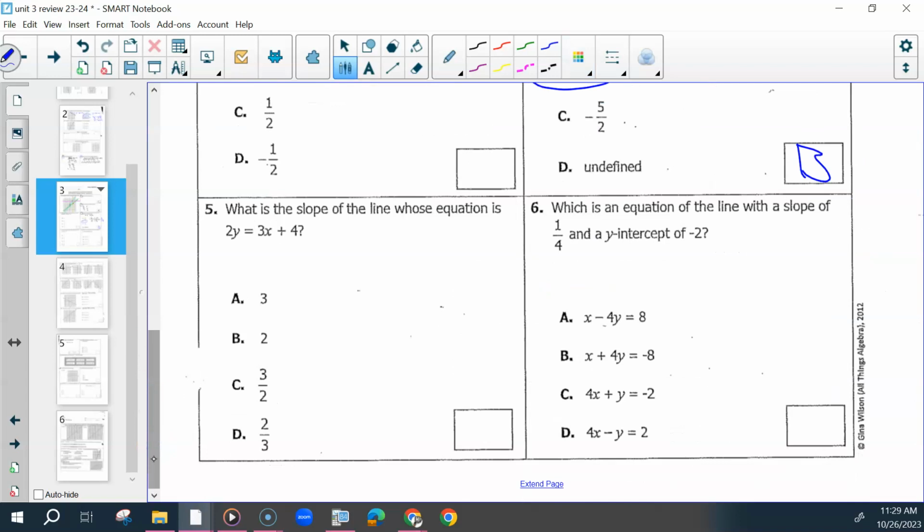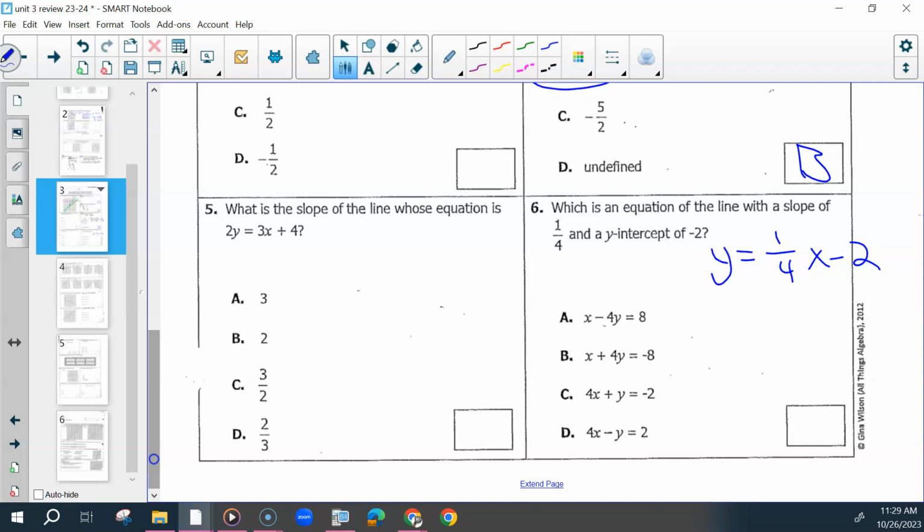For number 6, they give us something about the slope of 1/4, y-intercept of -2. So it should look something like y equals 1/4 x minus 2. One of these is going to be the answer. We have to figure out which one. Looking at just the y value wouldn't really help us because all of them give us -2.